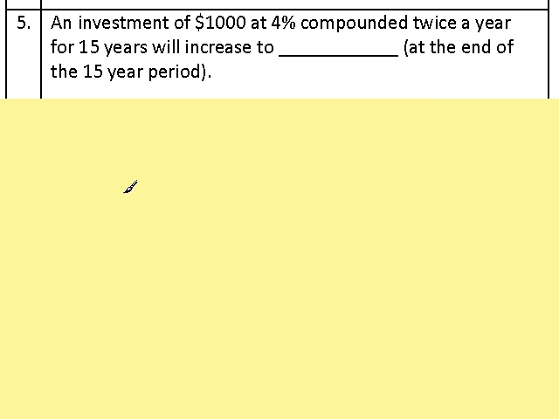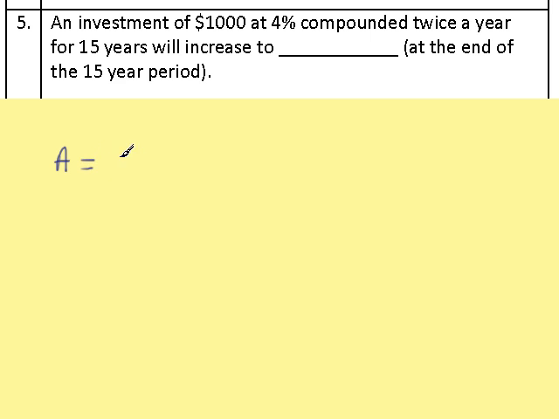In number 5, we'll use the formula for finding the amount of an investment that's compounded a few times a year. So here's our formula.